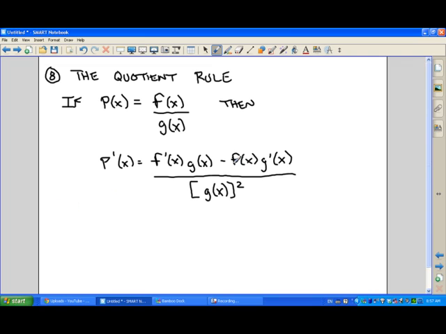So using the functions from the previous example, f of x equals x cubed, g of x equals 2x squared, let's find p prime of x when p of x is x cubed over 2x squared.